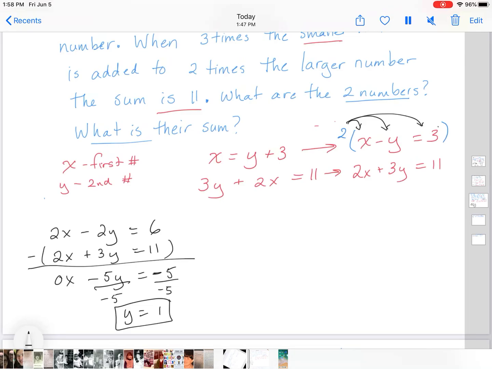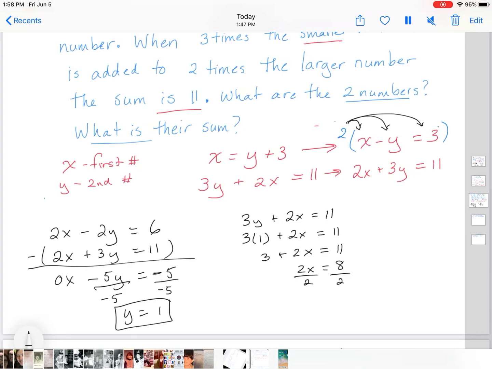Now we can take that and go back into one of the other equations and solve. I'm going to put it into the 3y plus 2x equals 11, because the other one's easier to use as your verification. So 3y plus 2x equals 11. That's 3 times 1 plus 2x equals 11. So 3 plus 2x equals 11. We move the 3 over, and we get 2x equals 8.